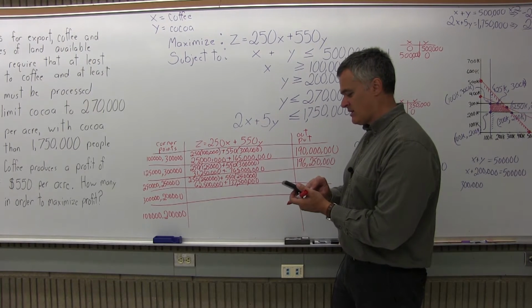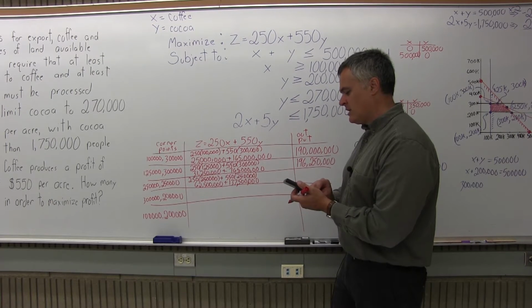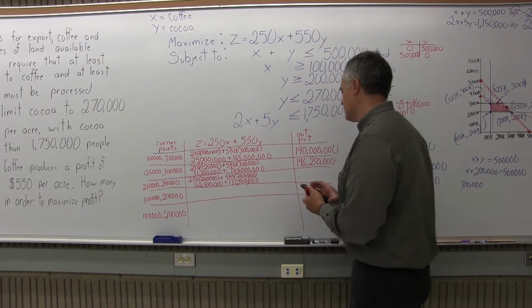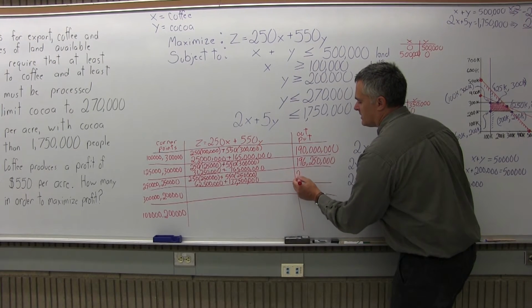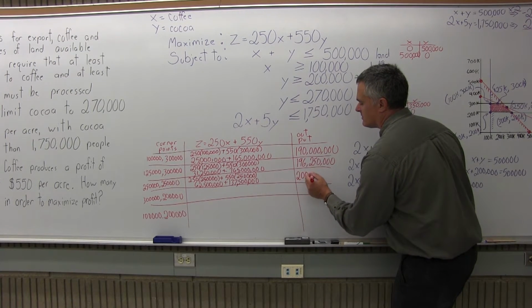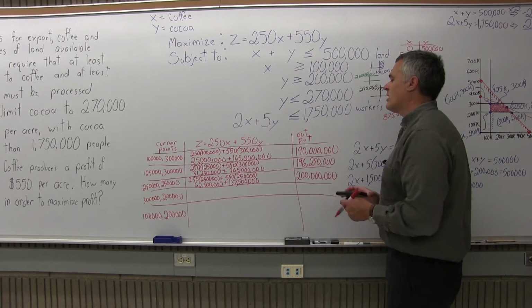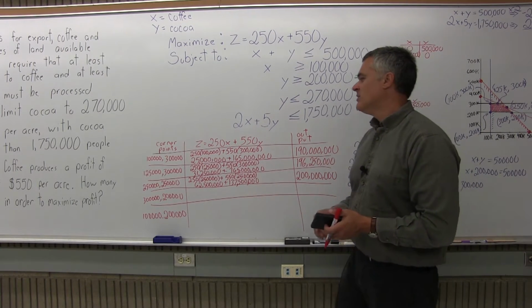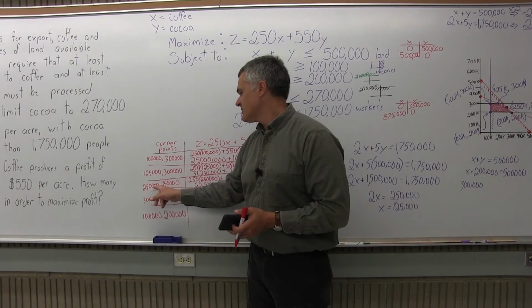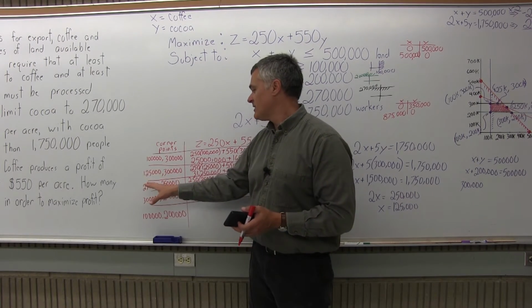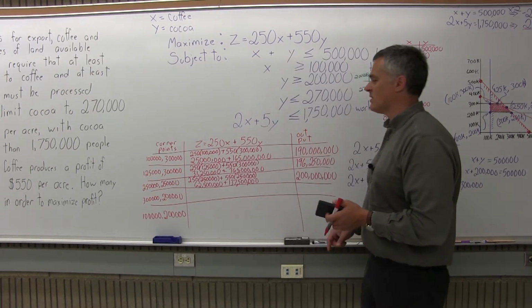Let me do that on the calculator. It's 200 million. Okay, I kind of thought that's what it was, but wasn't positive. So I have a profit of 200 million by growing 250,000 acres of each type of crop, 250,000 for coffee, 250,000 for cocoa.